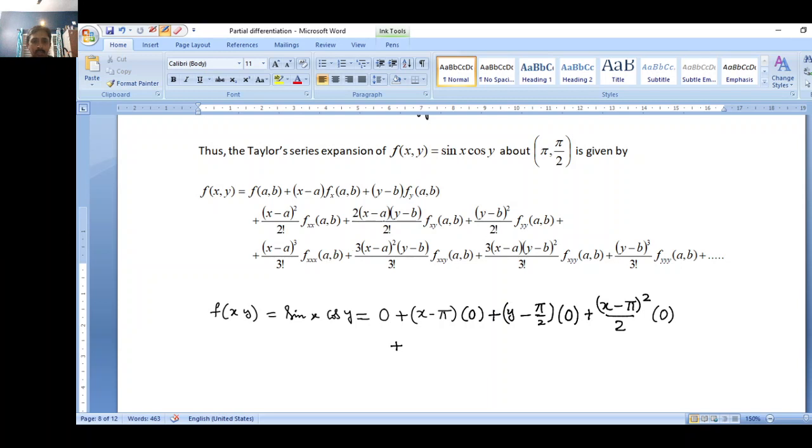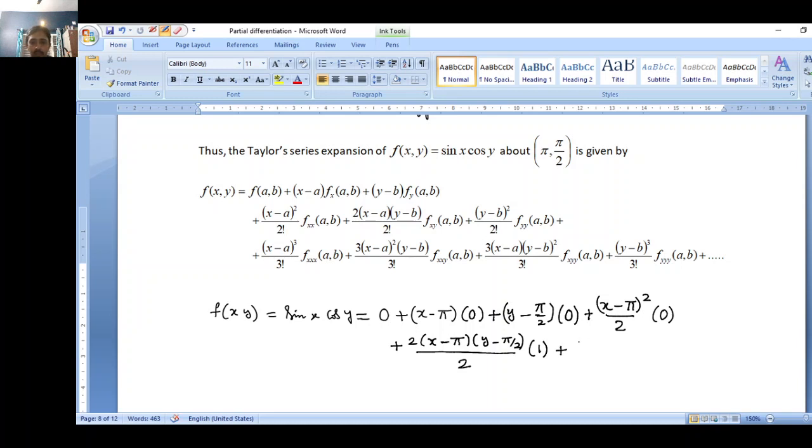Then the next term, 2 into, this has to be written properly because this is the only non-zero term, x minus pi into y minus pi by 2 divided by 2 factorial, which is again 2, and fxy of a comma b, as I said, is 1.